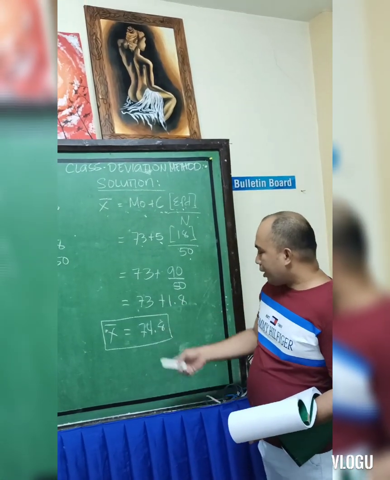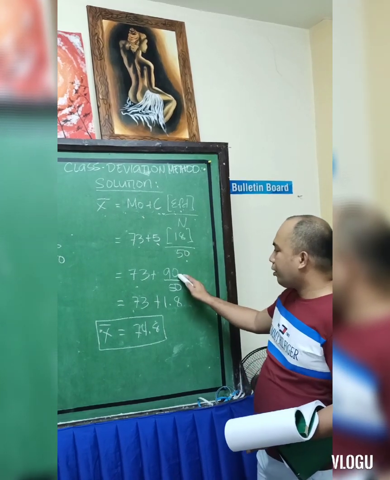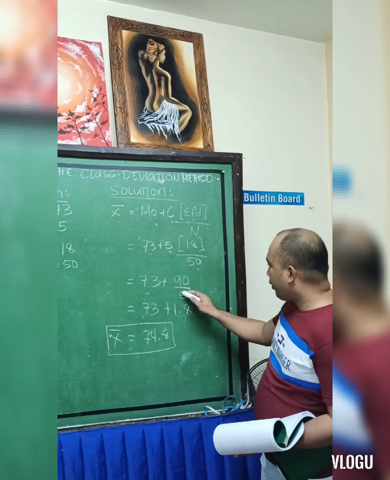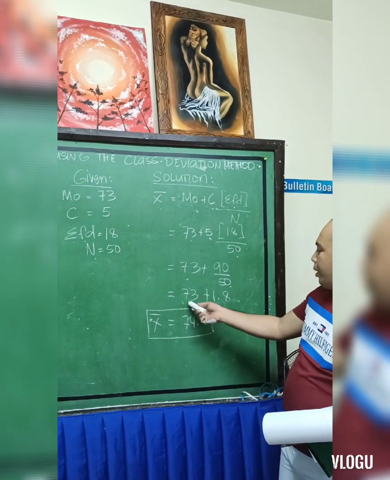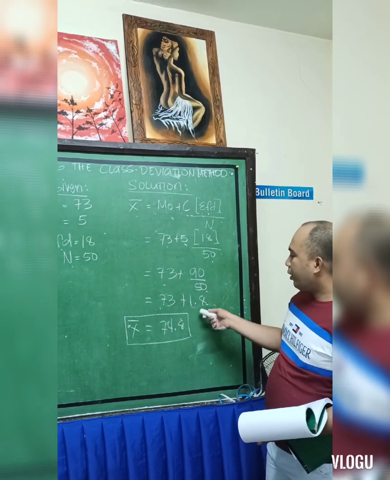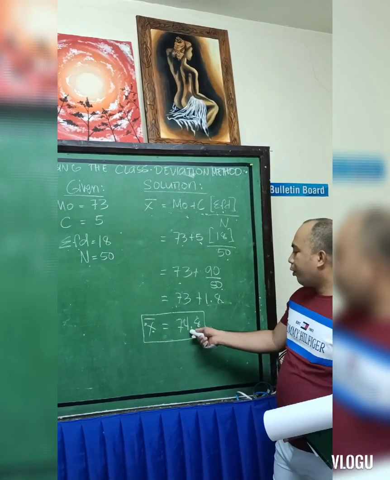Simplify: copy the 73, 5 times 18 is 90, copy the divided by number of cases, 50. Again, let's simplify: 90 divided by 50 is 1.8, and 73 plus 1.8 gives us the arithmetic mean of 74.8.